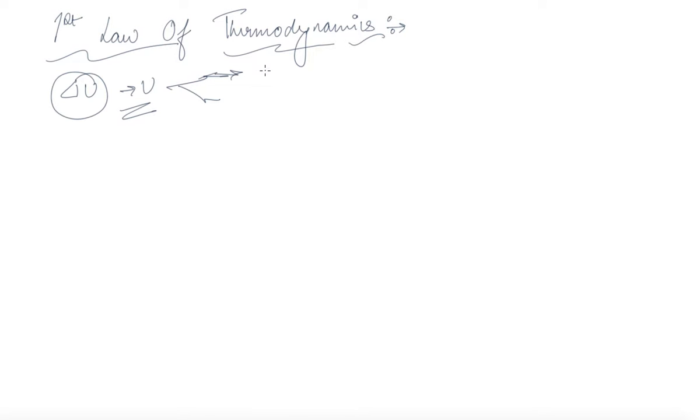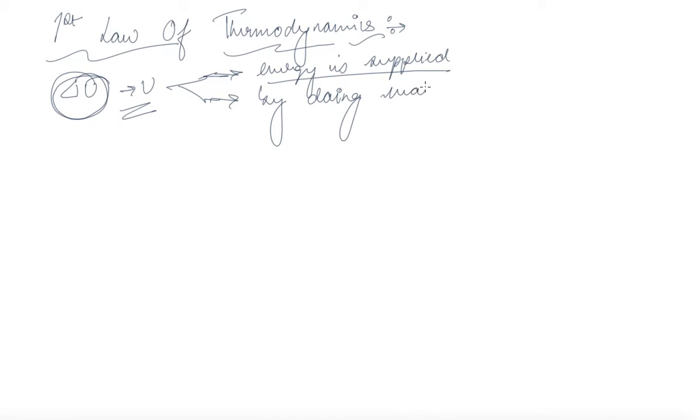Either energy is supplied or energy is taken away, then internal energy changes. And the second way of changing the internal energy is by doing work. So these are the two ways how your internal energy changes.